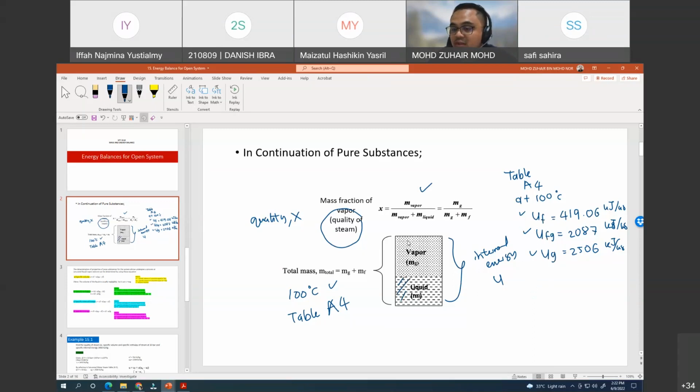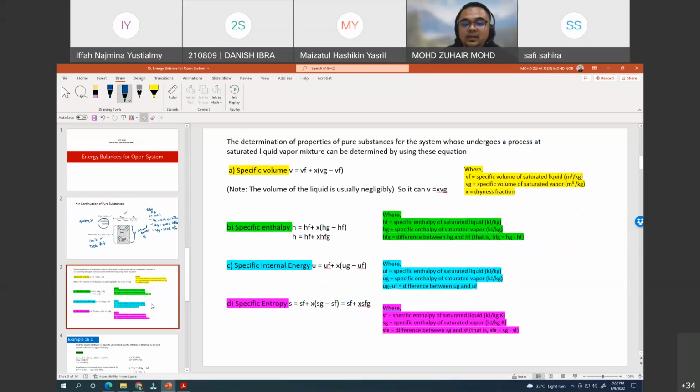Ug is just referring to the vapor part only, and Ufg is the difference, 2506 minus 419, we got Ufg. But when we are referring to the internal energy of the mixture, we will have to calculate like this. Uf plus x, Ug minus Uf.